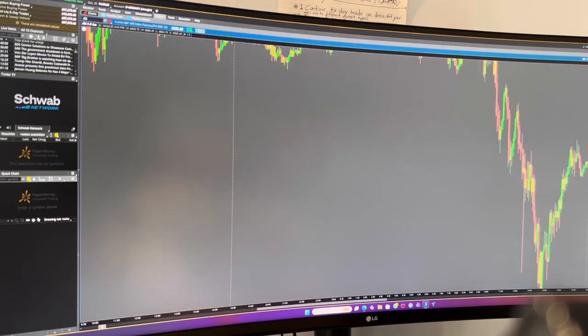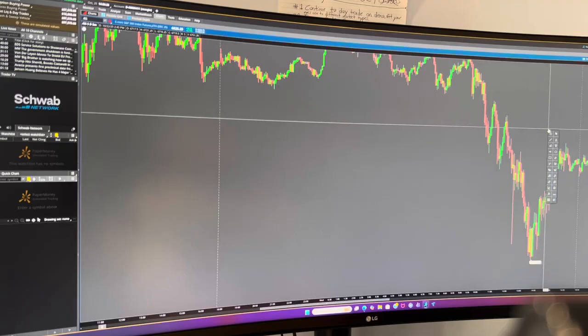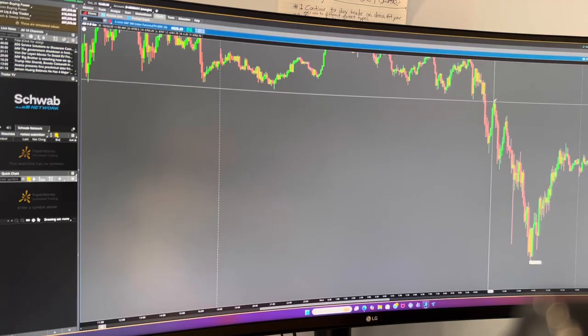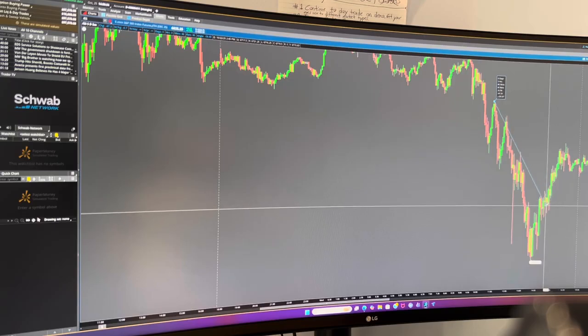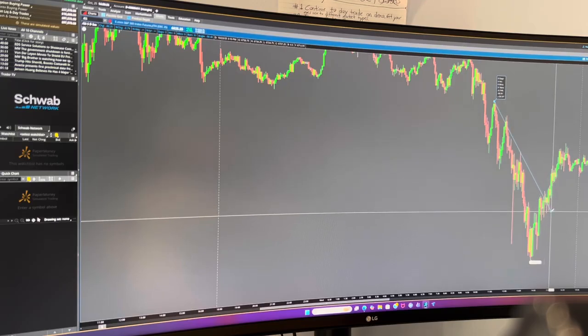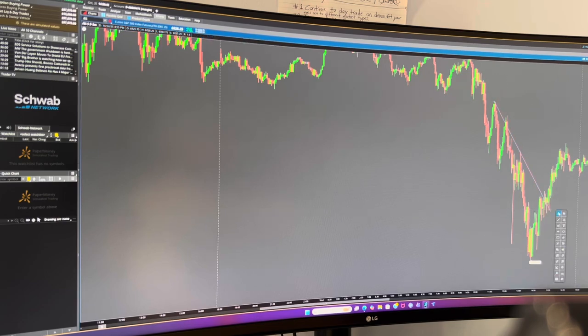And once it broke this trend line, so I drew a trend line. It was something like this. So this right here, it rejected, right? I could move the trend line and it could have rejected.